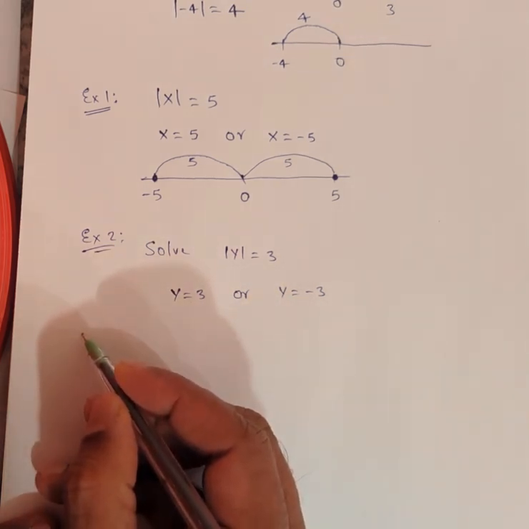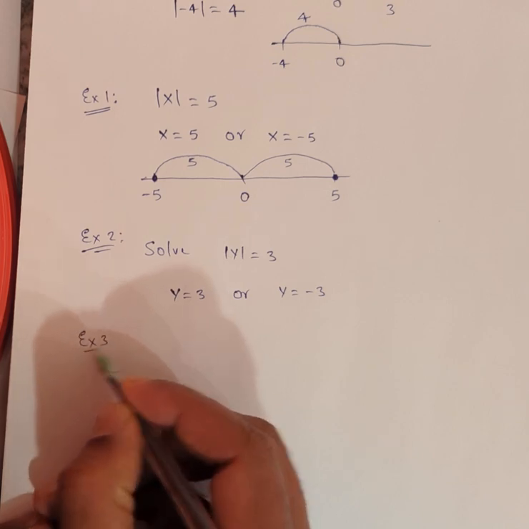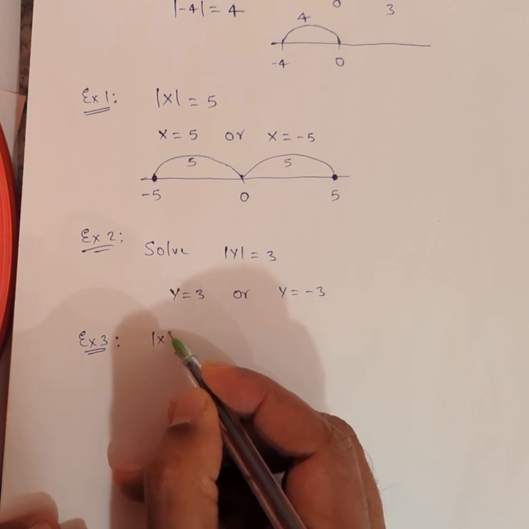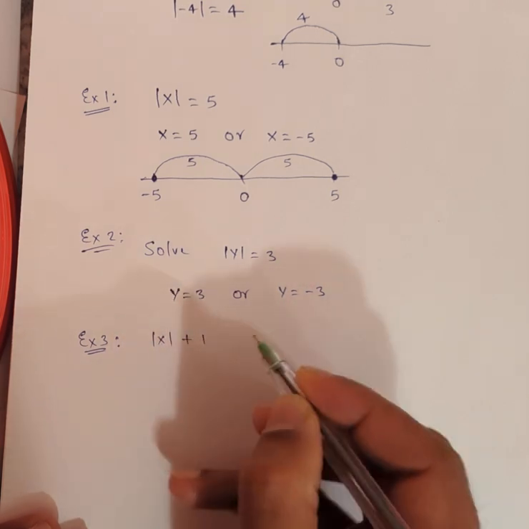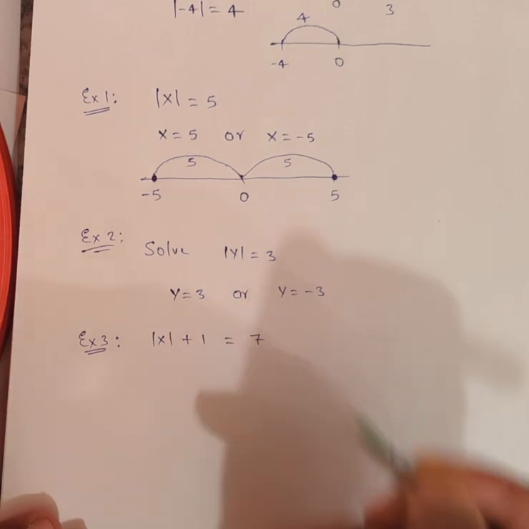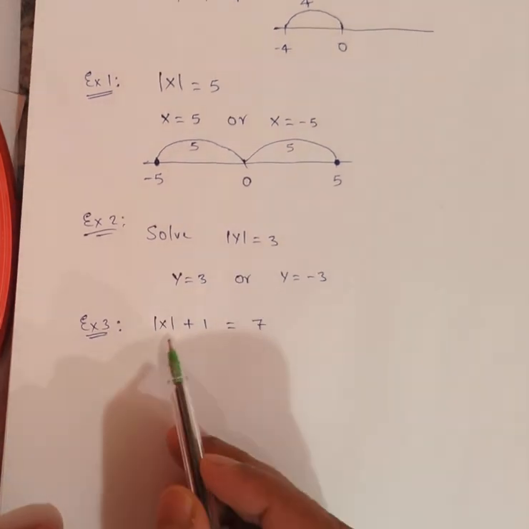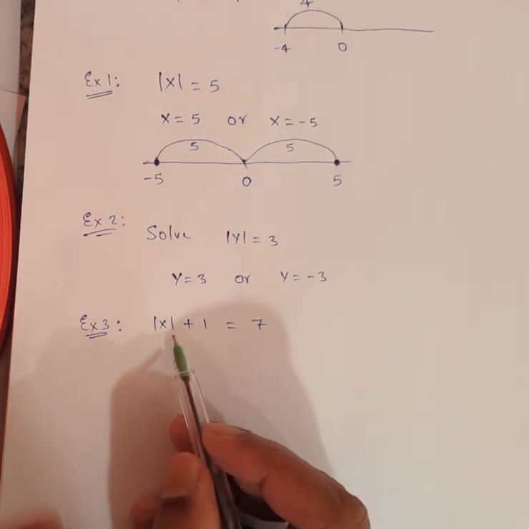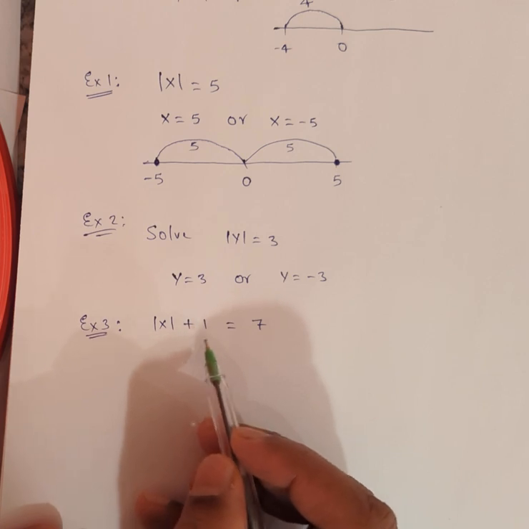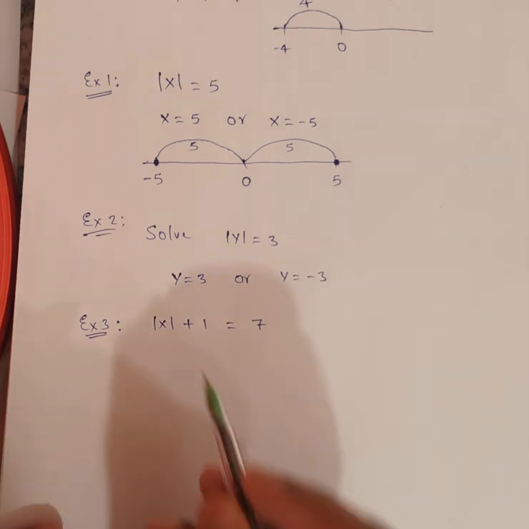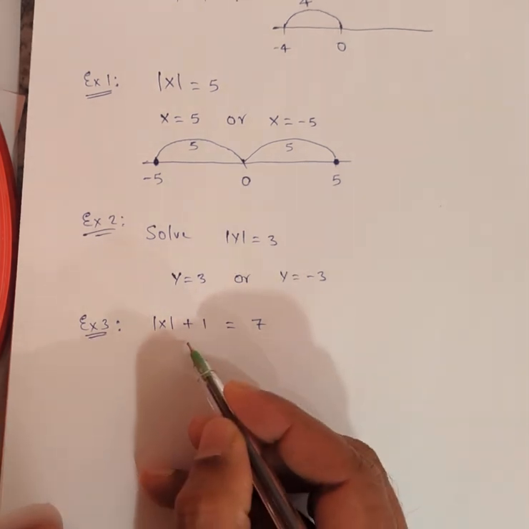So one way the complexity could be increased is by having something like this. Absolute value of x plus 1 is equal to 7. Now, when you see this, then the left side of the equation has absolute value of x plus 1. Now, that 1 we need to get rid of first. So how do you get rid of the plus 1? You subtract 1 from both sides.